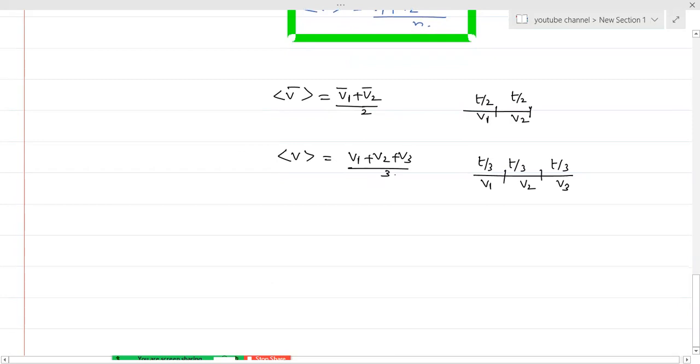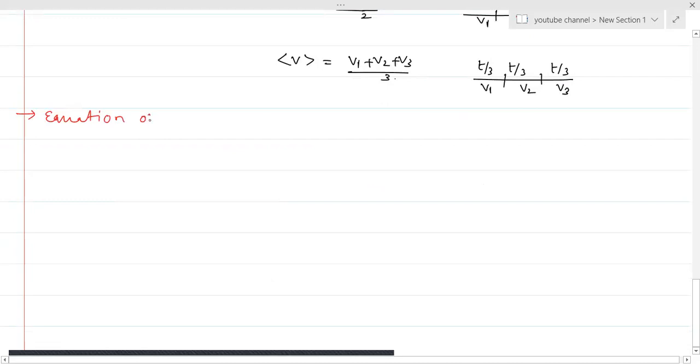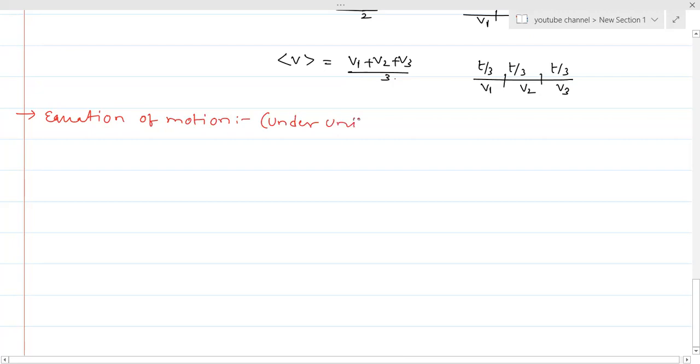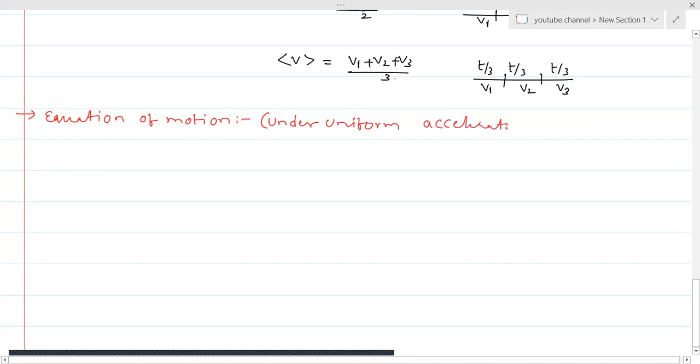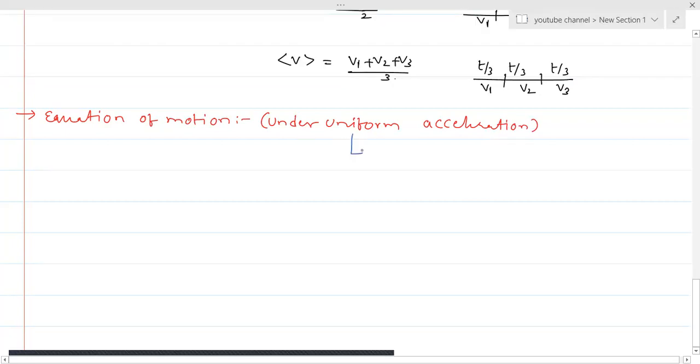Next, we need to understand the equations of motion. When the body is moving with uniform acceleration, generally the value of a is constant.